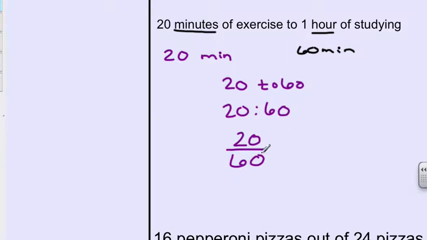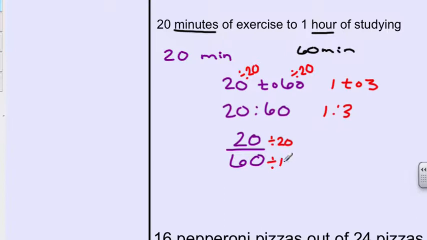You know, for all of these, we have to do simplified form. That shouldn't even be a question we ask anymore. It's almost automatic. So simplified form, 20 goes into both of these. So this would be 1 to 3, because I could divide by 20 here and divide by 20 here. Same case here, 1 colon 3.